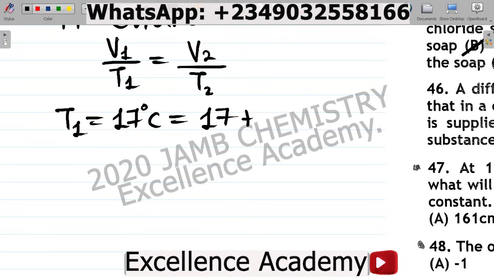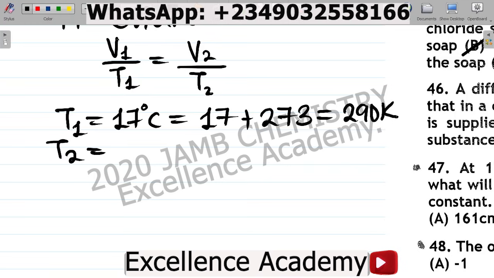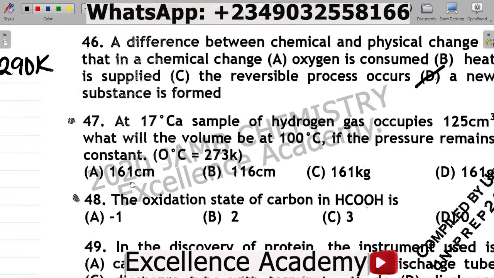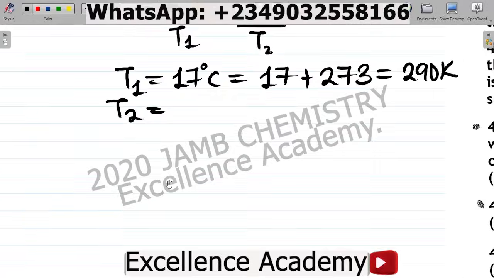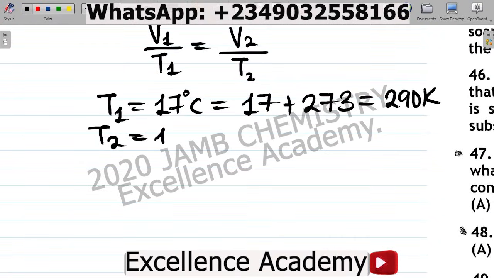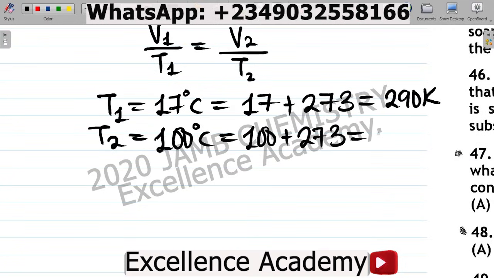It becomes 17 plus 273, and if you add that together, our answer would be 290 Kelvin. For T2, what's the value? The second temperature is given there as 100 degrees Celsius. You add 273, so 100 plus 273, that's equal to 373 Kelvin.